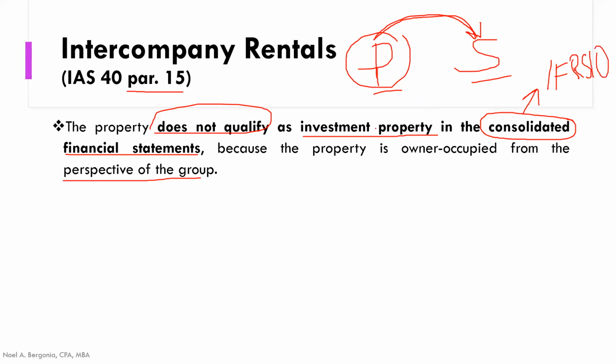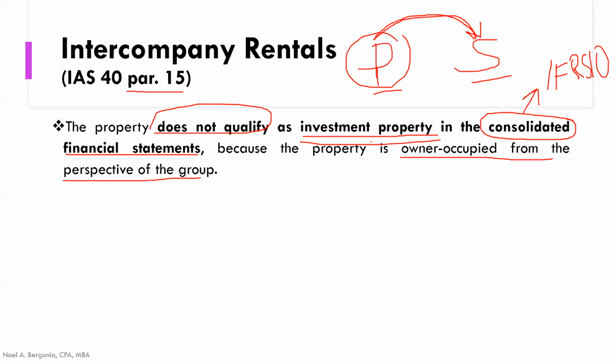Elimination entry wise, when you discuss the consolidated financial statement, matatanggal yung investment property kasi it was being viewed as owner occupied. Parang pinagamit mo lang siya on the subsidiary itself, but not considered as an investment property. So I hope that is clear.